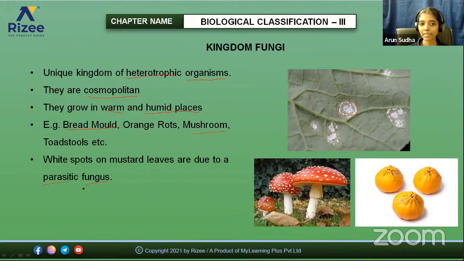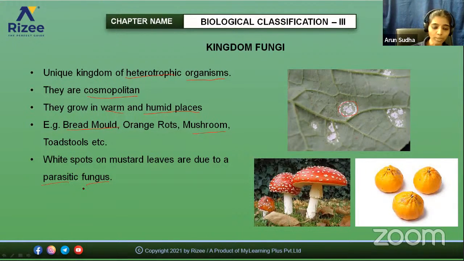So they are basically heterotrophic organisms, cosmopolitan, and they grow in warm and humid places. The common examples are bread mold, orange rots, and the edible mushroom. That is, the edible fungus is mushroom. And also there are several parasitic fungi which are dependent on other organisms as a host.